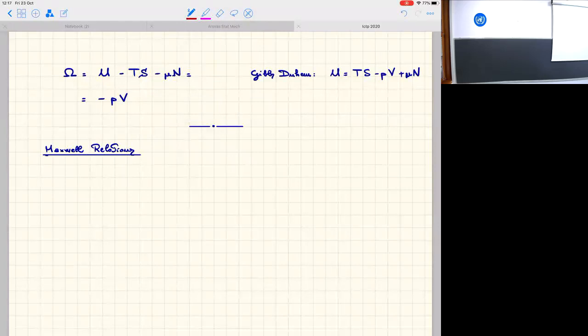I'm not going to write down all the Maxwell relations, okay? Don't expect it from me. You go to a book, they're all written down there, and it's also explained how to remember them, but I'm going to explain how to construct them, which is different. You're not supposed to remember all of them.